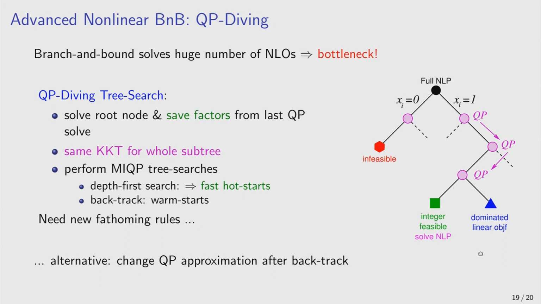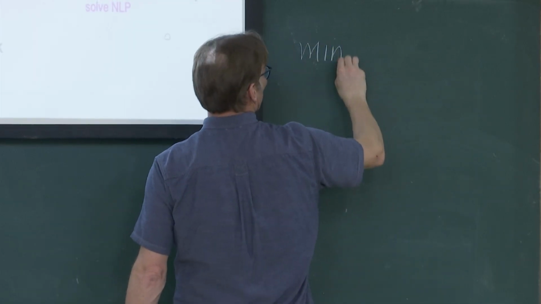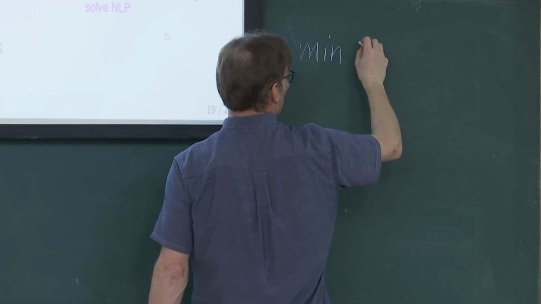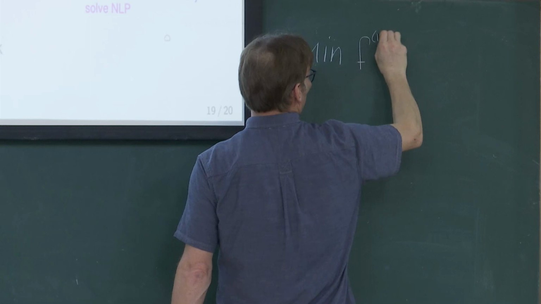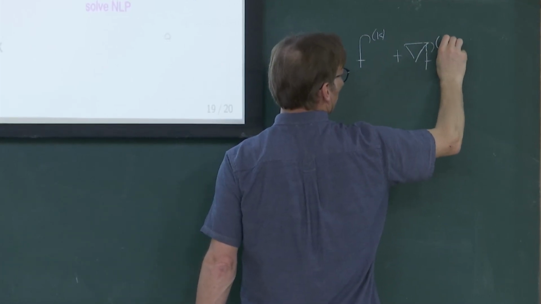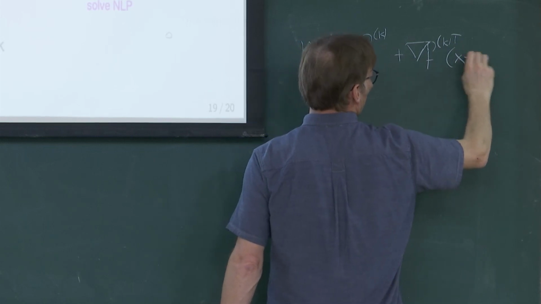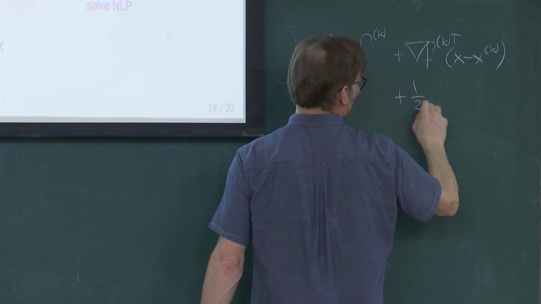I don't know if I want to keep you longer because you have to have a break. Typically, the objective of a quadratic optimization problem is f at the point around which you linearize, plus the gradient of f, and then plus a Hessian term.